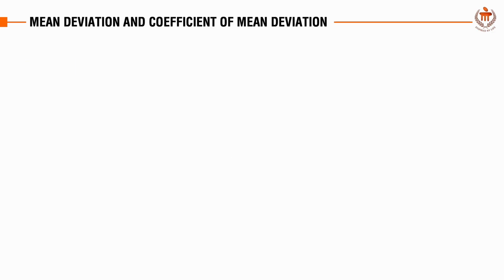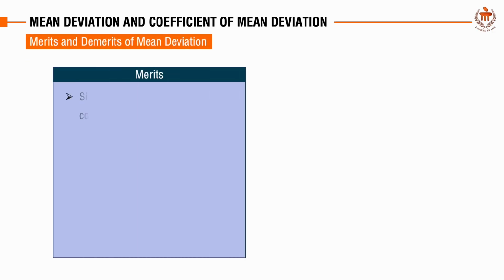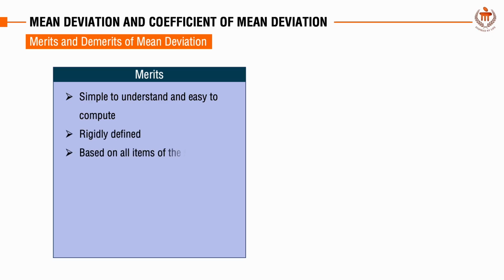Now discussing the merits and demerits of mean deviation. First, talking about the merits, it is simple to understand and easy to compute. It is rigidly defined. It is based on all the items. We basically take all the items to calculate the mean deviation, so whether we applied the mean method or the median method, we have taken all the data. That way it is good.